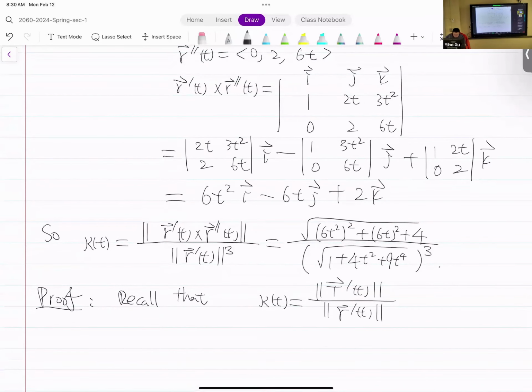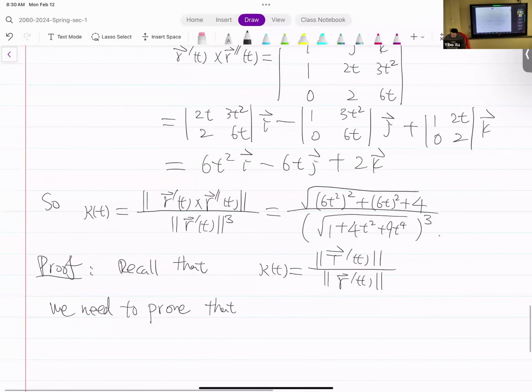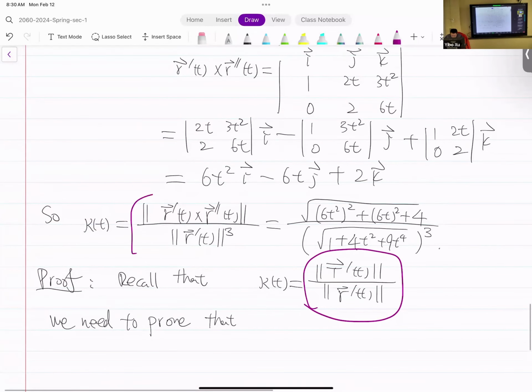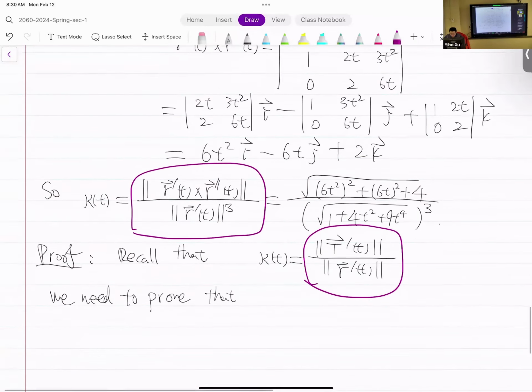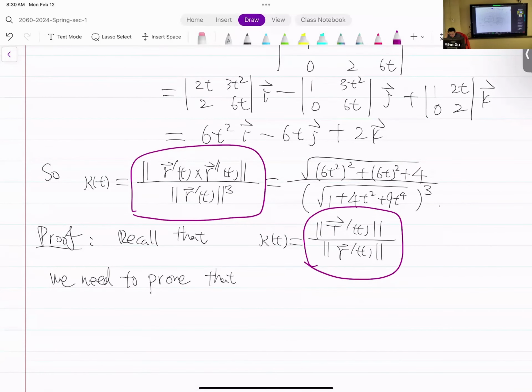And here we need to prove another formula. So what do we need? We need to show that the right-hand side here equals this. As long as we establish this relationship, then we're done.